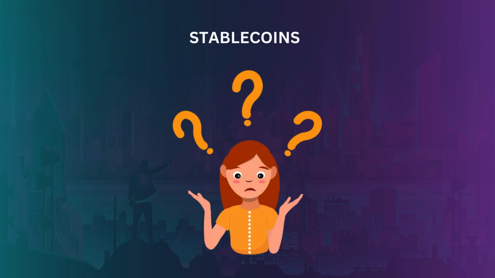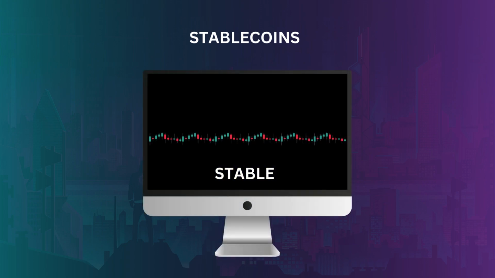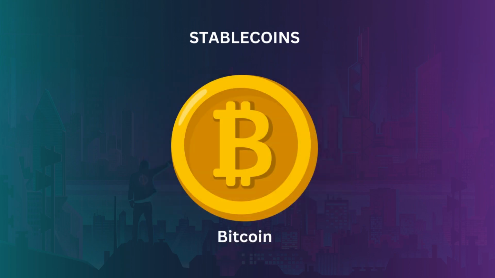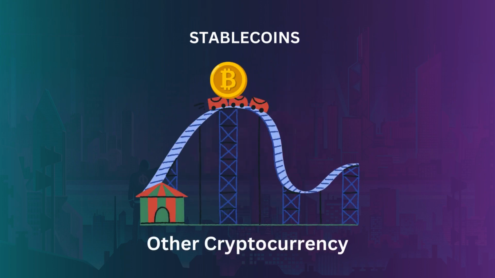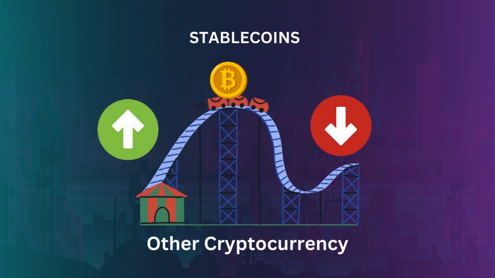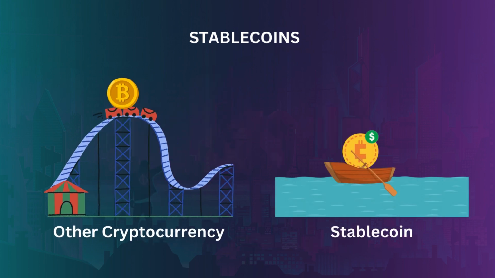Why would you want stable coins? Well, because they're stable. They're less risky to use for everyday things like buying stuff or saving money. Regular cryptocurrencies can be like riding a roller coaster with their prices going up and down all the time. Stable coins are more like riding a calm boat on a steady sea.